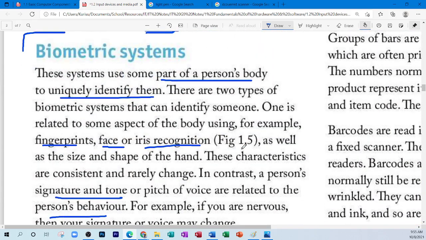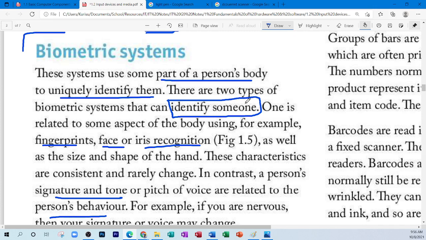So a biometric system is basically used to identify someone. So does your phone and your tablet have a biometric system? Yes, sir. What system does it have?